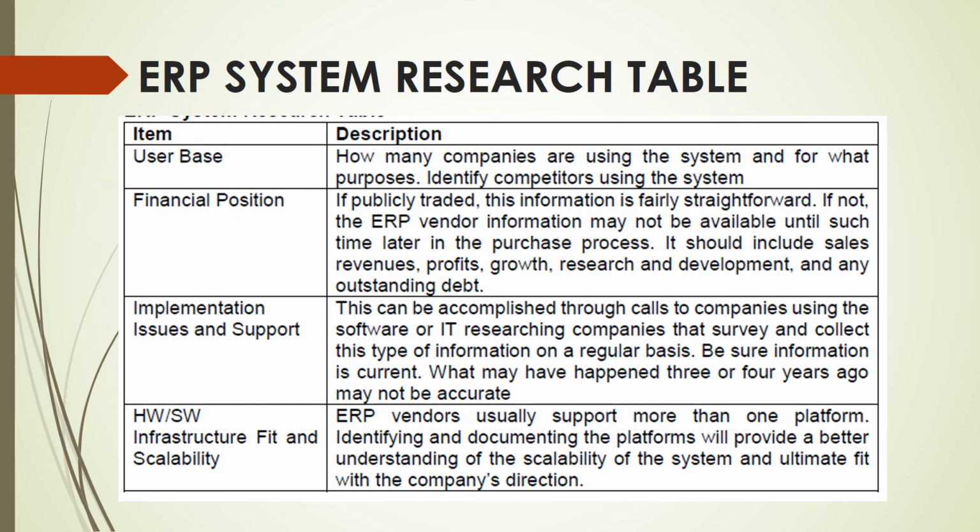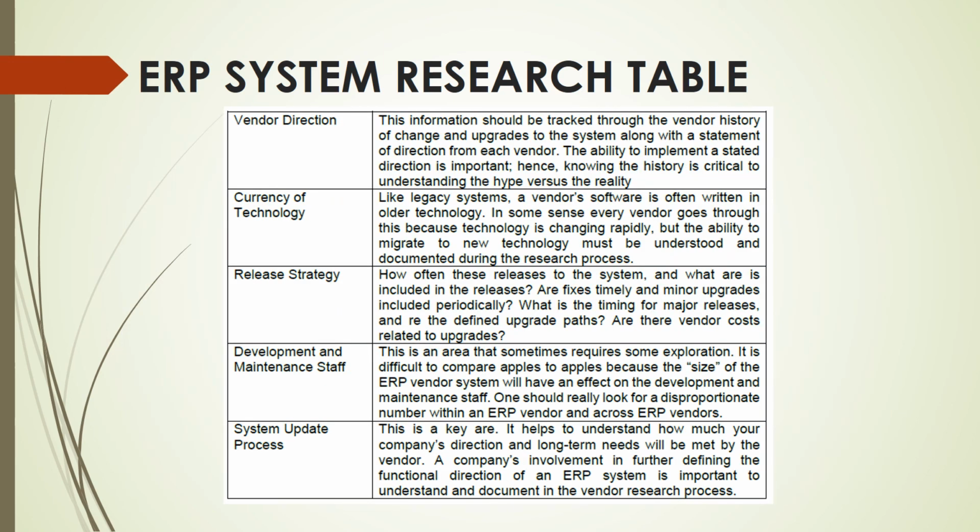Flashed on the slide is the ERP system research table. You can see in there, on the left side, are the items like user base, financial position, implementation issues and support, and hardware and software infrastructure fit and scalability. On the right side of the table, you will see the description for each of these activities.